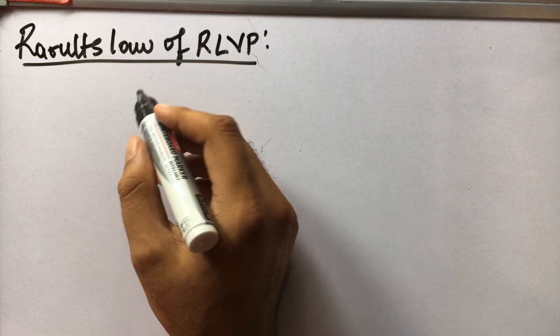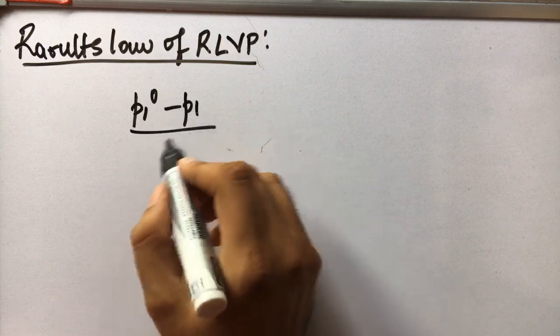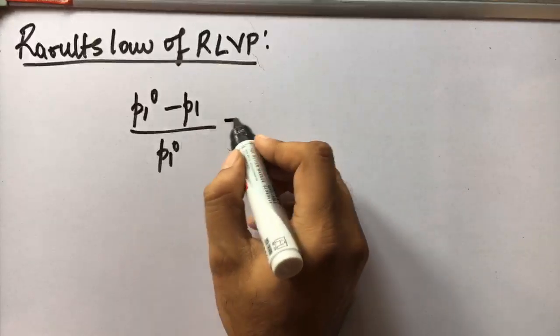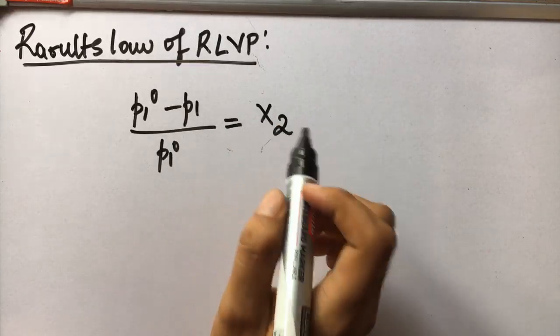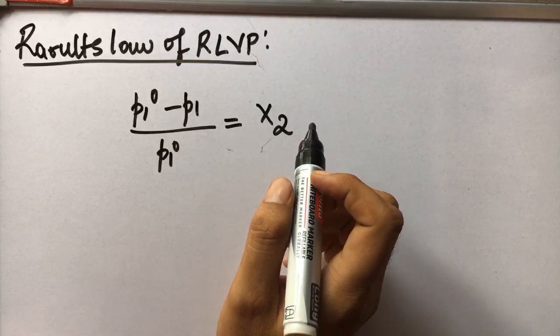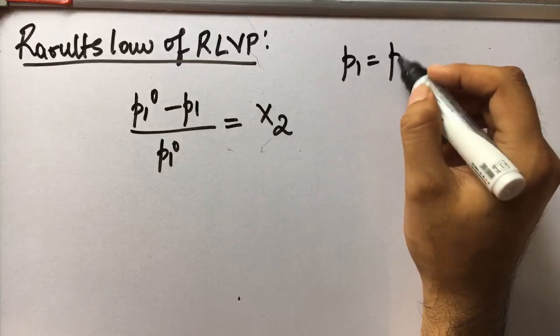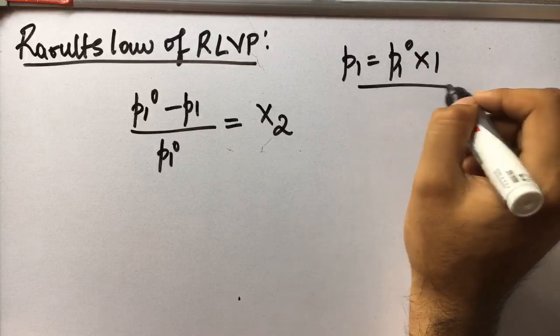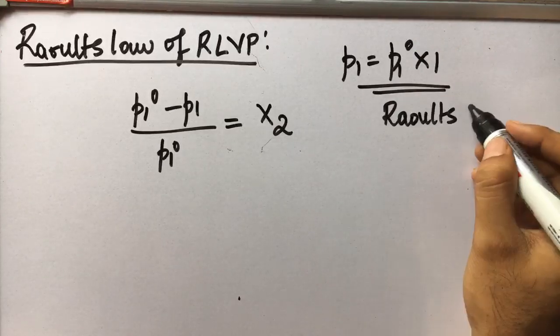Whatever we said, P1 naught minus P1 divided by P1 naught equals X2, this is called Raoult's law of relative lowering of vapor pressure. Whatever we have written, P1 equals P1 naught X1, this is simply called Raoult's law.